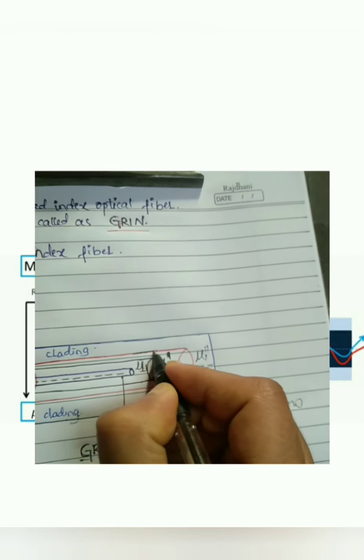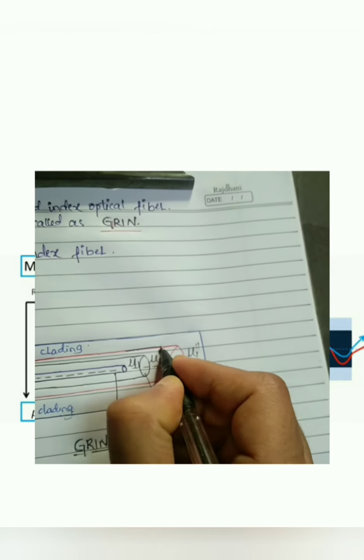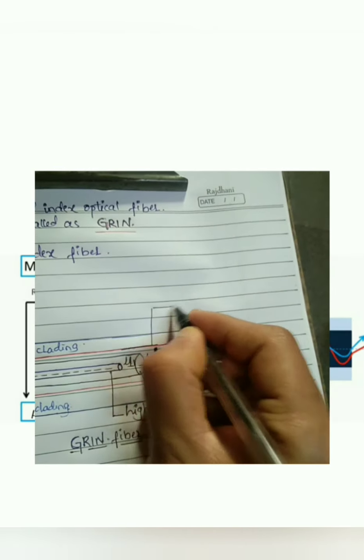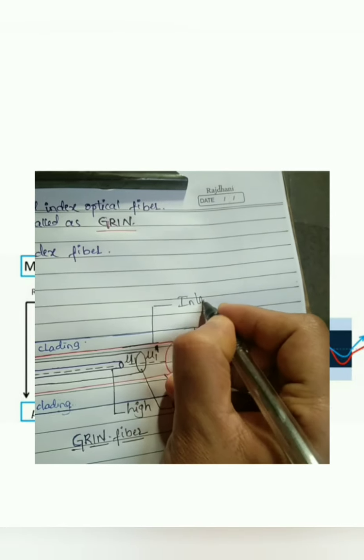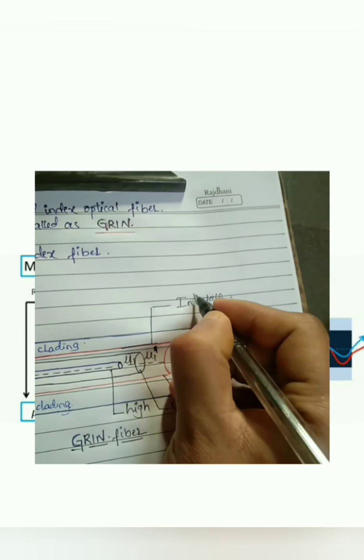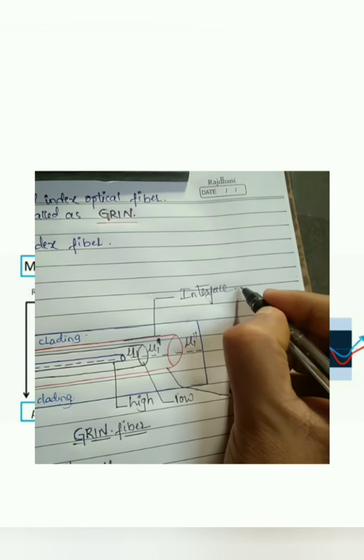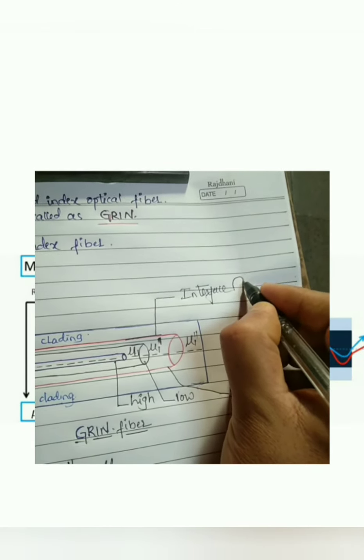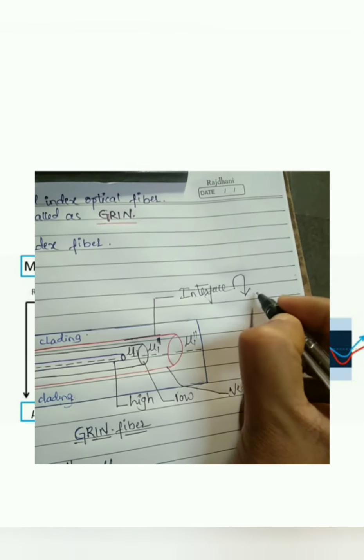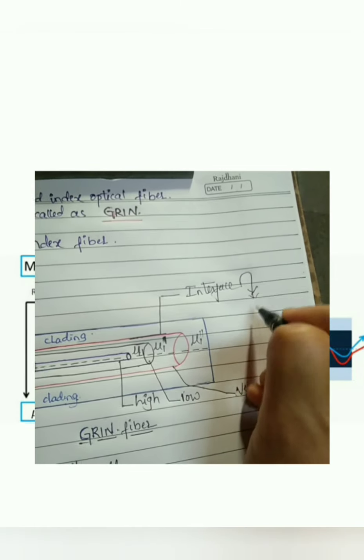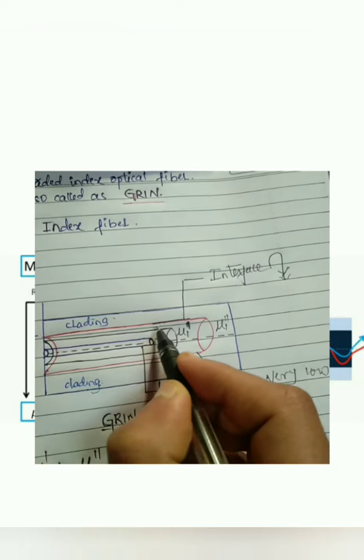And here the last surface is called the core-cladding boundary, or the interface. Here the refractive index decreases step by step, just because of the three layers.